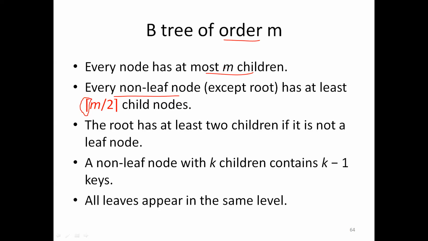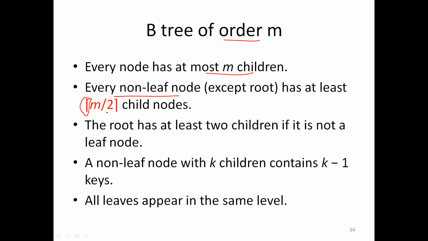For example, take a B tree of order 10. So m is 10, and 10 by 2 is simply 5.